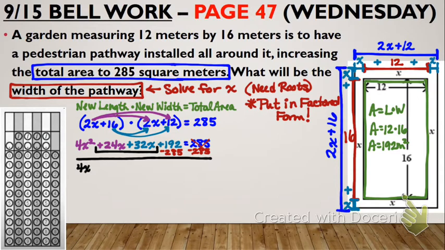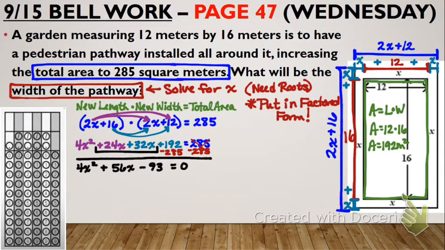So I get 4x squared plus, what's 24 plus 32? 56. So I have 4x squared plus 56x, 192 minus 285. Negative 93. Yeah, so it's going to be negative 93 because we're subtracting a bigger number. All right, I've got it equal to 0.